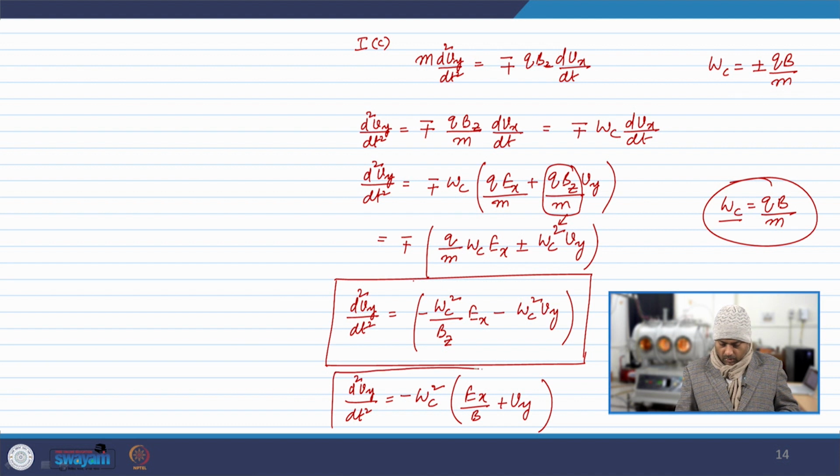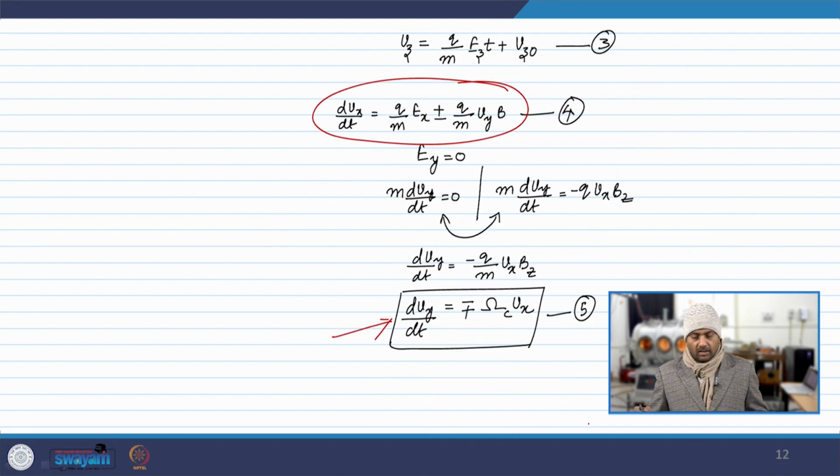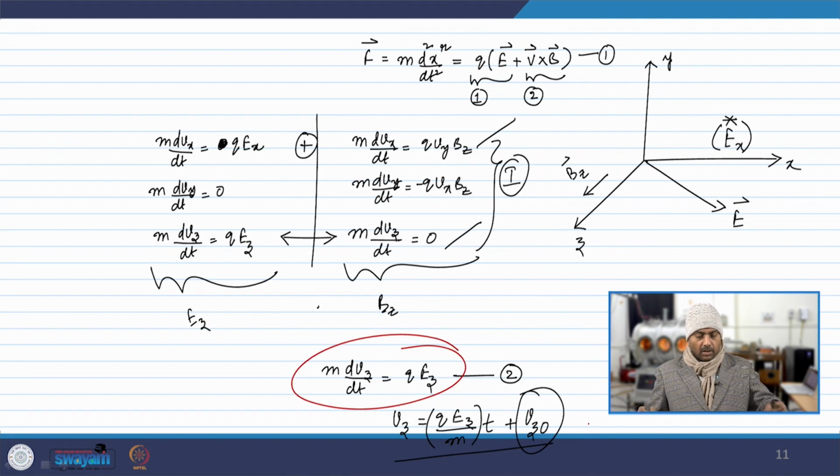You look at this equation, it needs a lot of understanding. It says the rate of change of velocity, the second rate, d square Vy by dt square, has some angular frequency component, but in addition it has this information about the electric field also. What it means, for you to understand that, we have to go back to the preliminary equations.